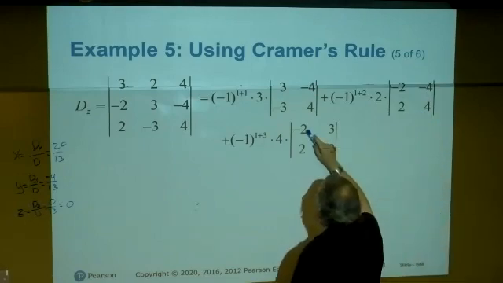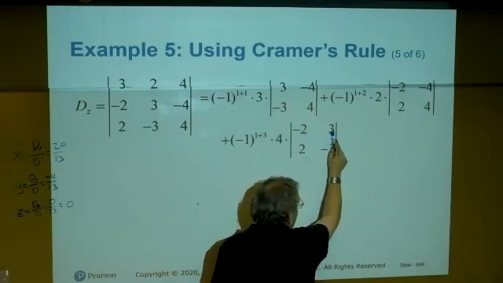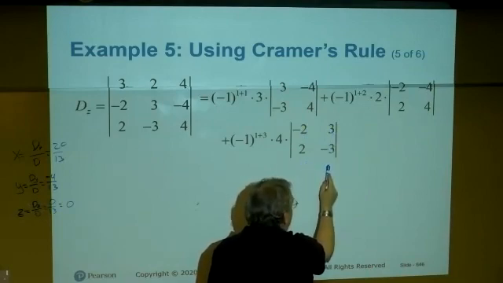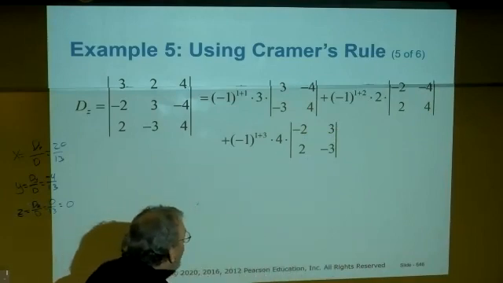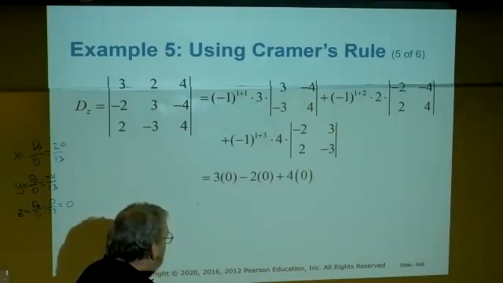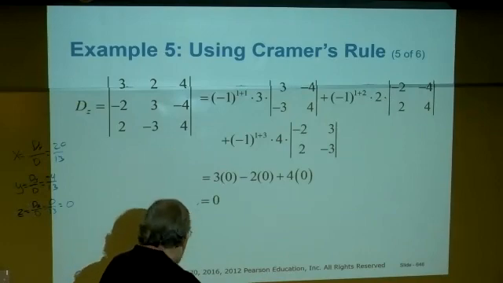And here I have -2 times -3, which is 6, and 2 times 3, which is 6. So now I have 6 minus 6, which is 0. So it's going to be 3 times 0 minus 2 times 0 plus 4 times 0. So I have 0 minus 0 plus 0, which is 0.